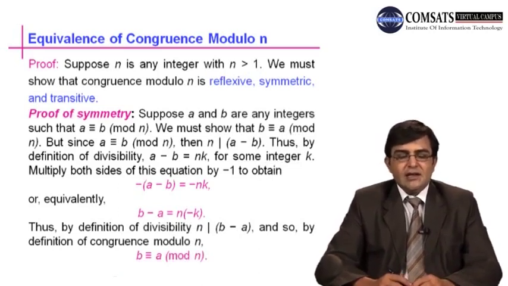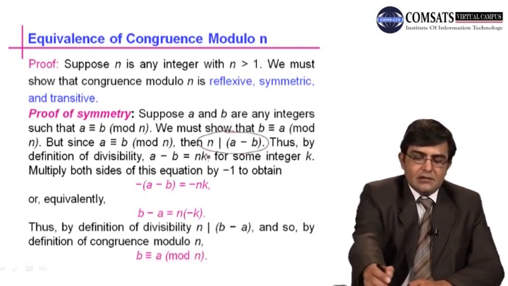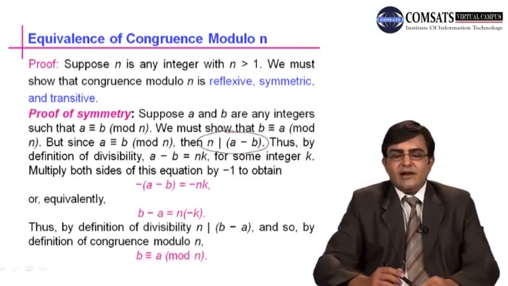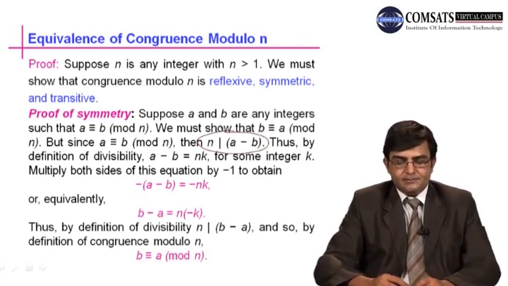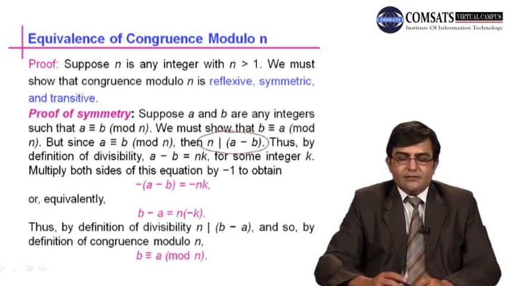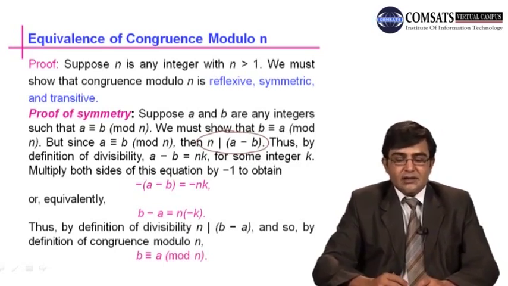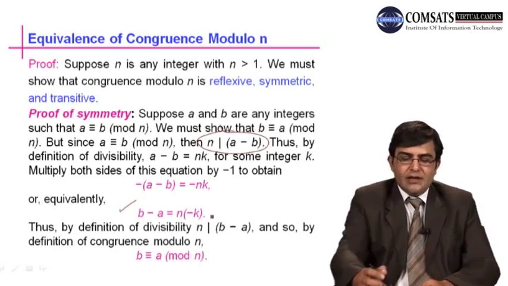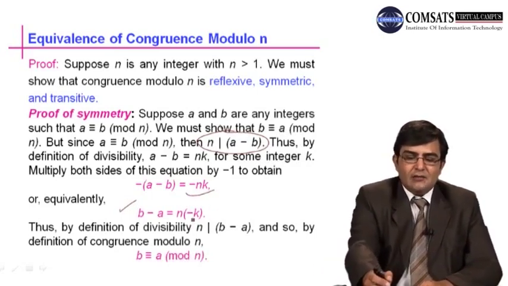We have already studied divisibility, in which we have studied that if n divides some integer, then we can write that integer as a multiple of n. So if we multiply both sides by -1, then we get b minus a. So here instead of minus nk, we can write n times minus k.